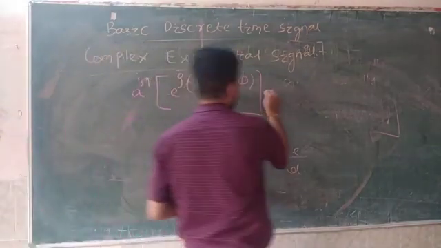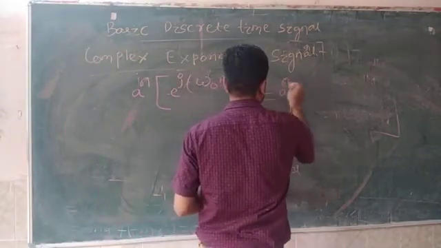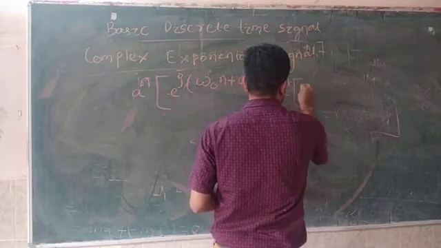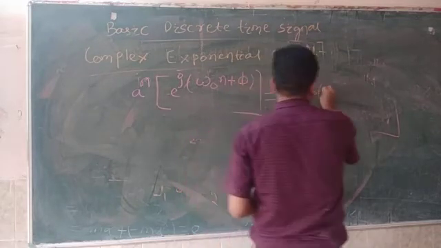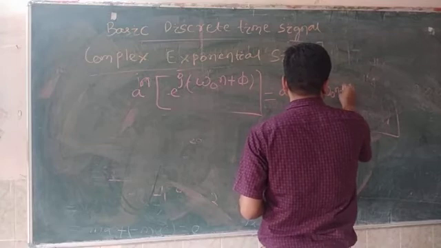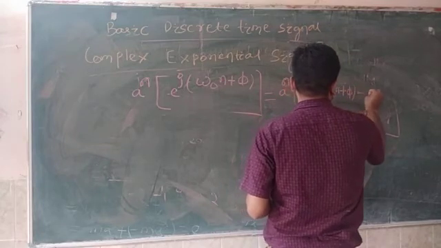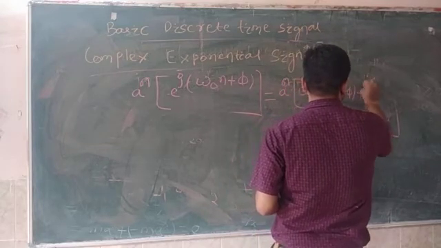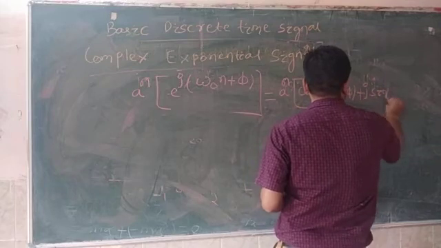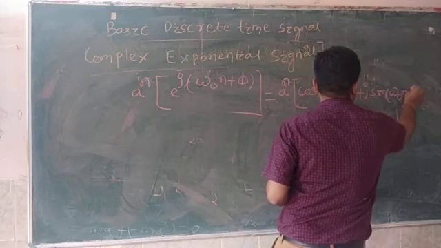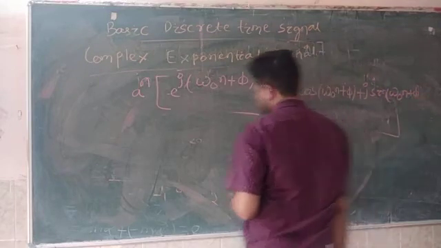If I expand it like this, this will become a to the power n cos of omega 0 n plus phi plus j sin of omega 0 n plus phi.